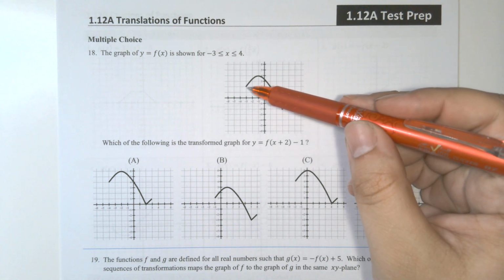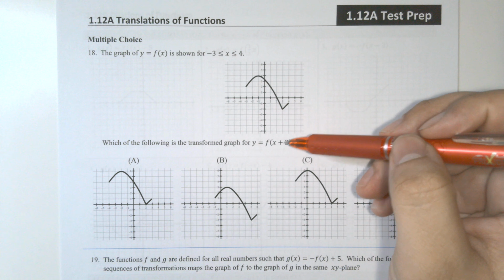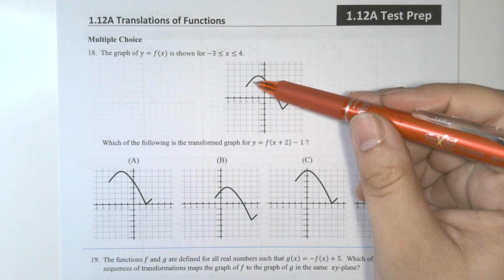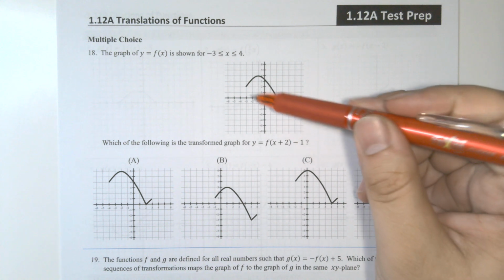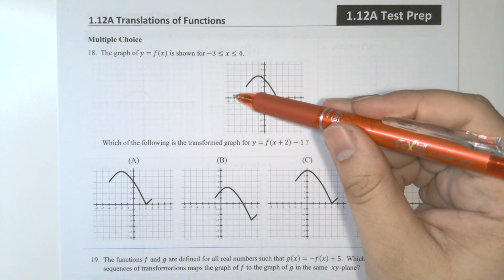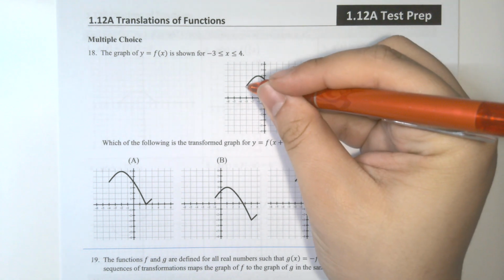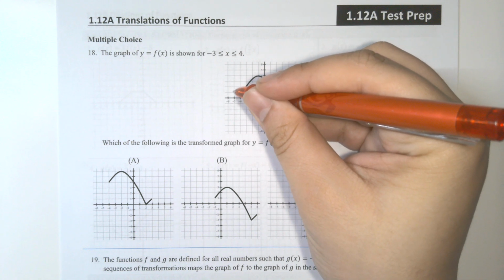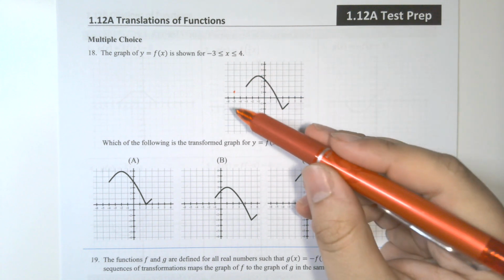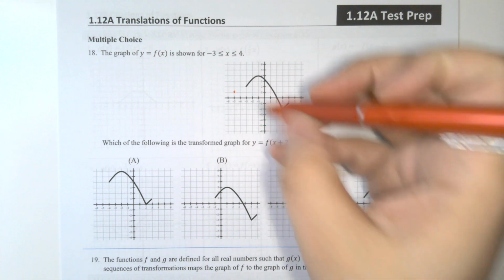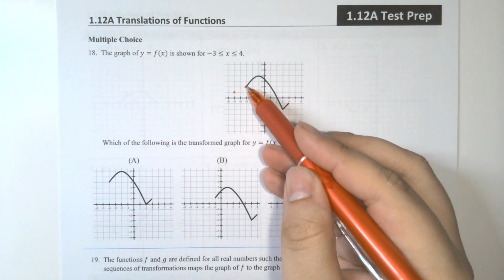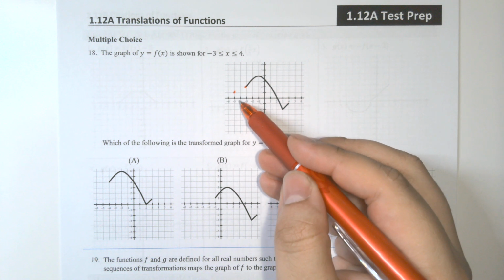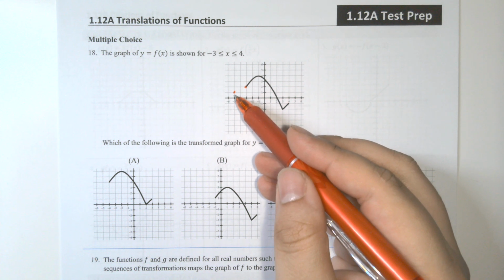So if we look at any one of the points, because these are just translations, left 2 and down 1. If I'm looking at this point right here, left 2, down 1, and just by doing a single point, I know that this point has to start at the point -5, 1.